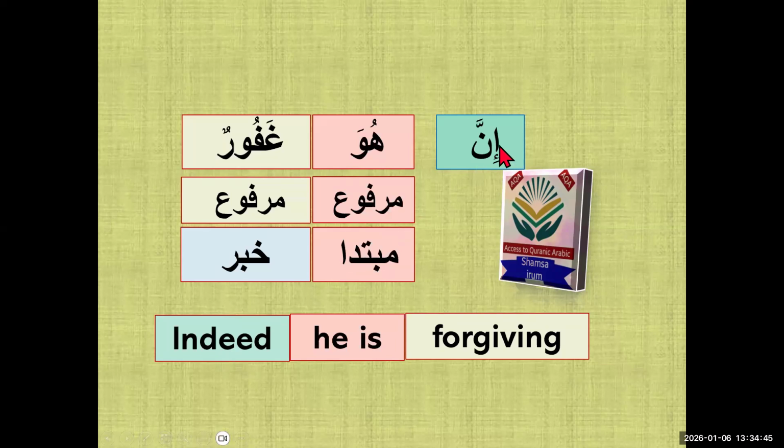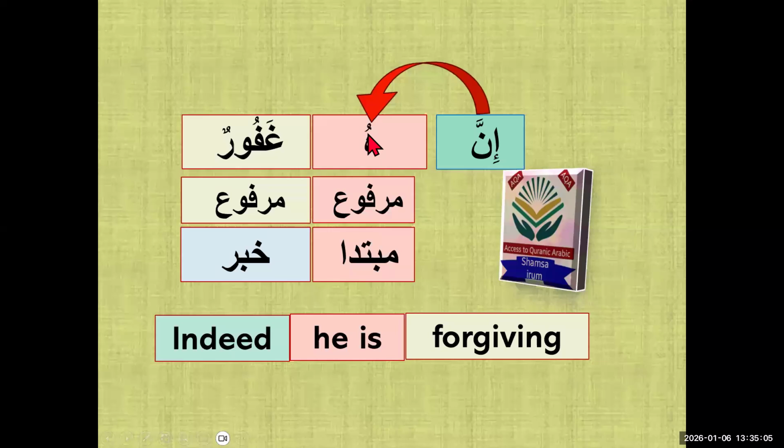And as you know, when inna comes, it will attack the mubtada. Whenever inna or inna akhawatuha, any sister of inna, comes, it will attack the mubtada, which was huwa, and it converts huwa into hu, because huwa was a zamir munfasil, which is always in marfu state, and inna converts the mubtada into a nasab state, a mansoob state.